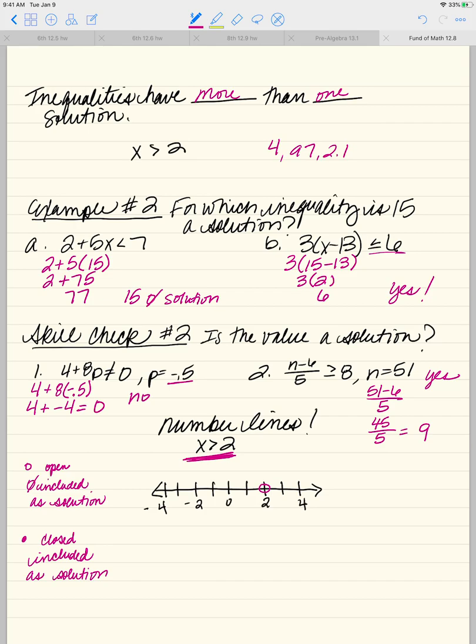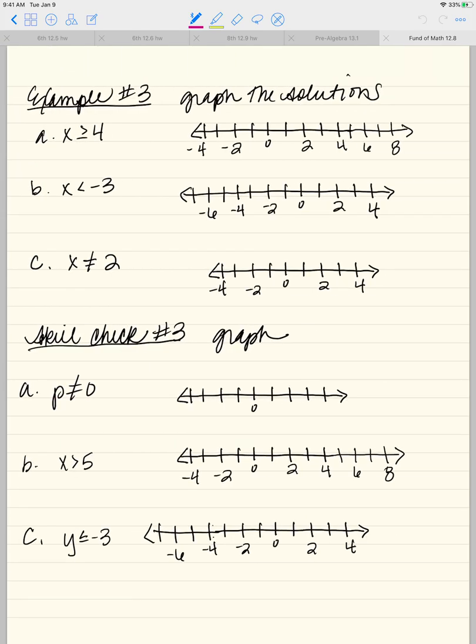They get bigger. So we draw an arrow pointing the direction from that open circle at 2, like so. This shows us all of the possible values for x. X can be anything that is to the right of 2. It cannot be 2.